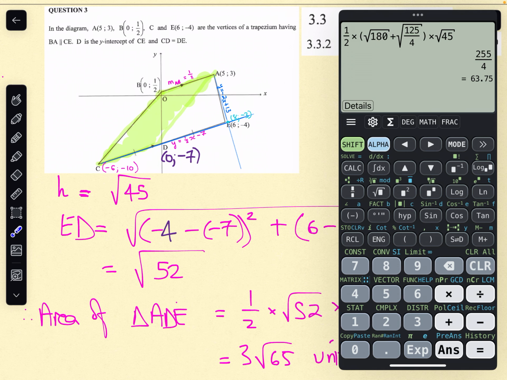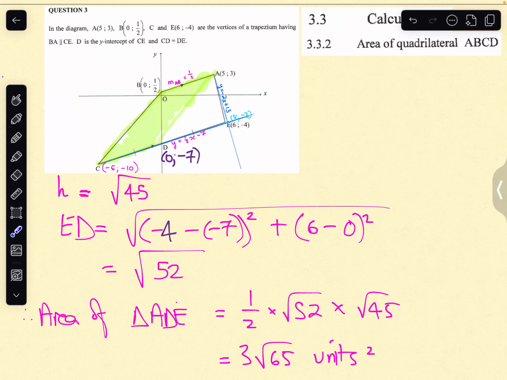So let's just do it mentally. So minus 4 plus 7 is 9, and then minus 4 plus 7 is 3, squared is 9. 6 minus 0 squared, so that's 6 squared, which is 36. So we've got 36 plus 9, which is 45.